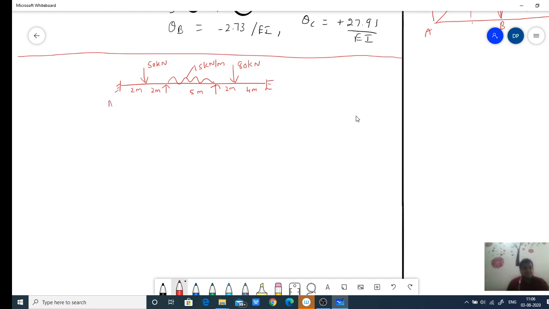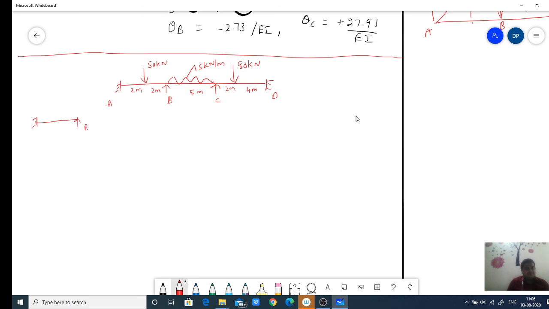Now this is A, this is B, this is C, and this is D. Now what I need to do is split these particular spans to find the shear force diagram. So this AB I am separating out. This is a loading diagram.